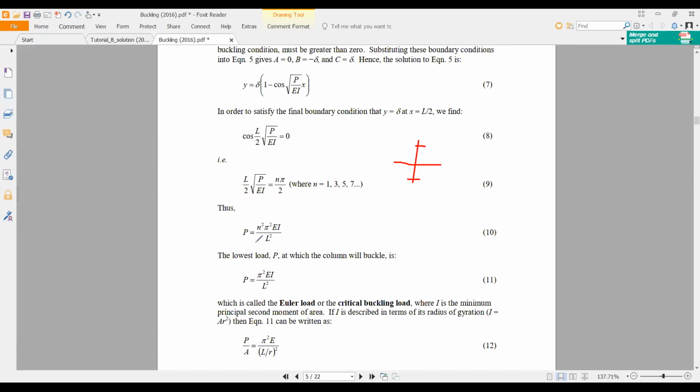So normally in here, this equation we can use as it is as well. But the n value you should know. That means with the next few slides, you will easily understand what is the meaning of n and other things in here with the buckling. So in here, you know what is the meaning of n, 1, 3, 5, 7.